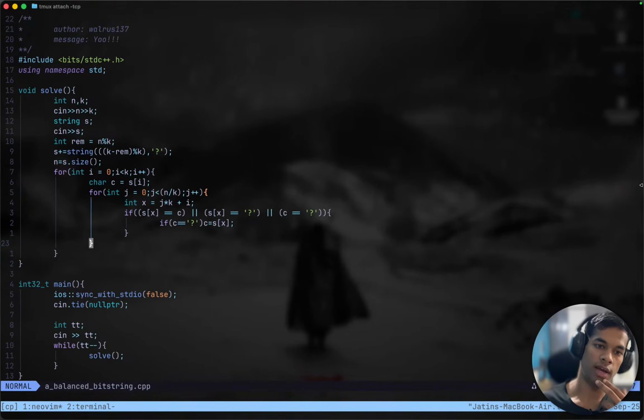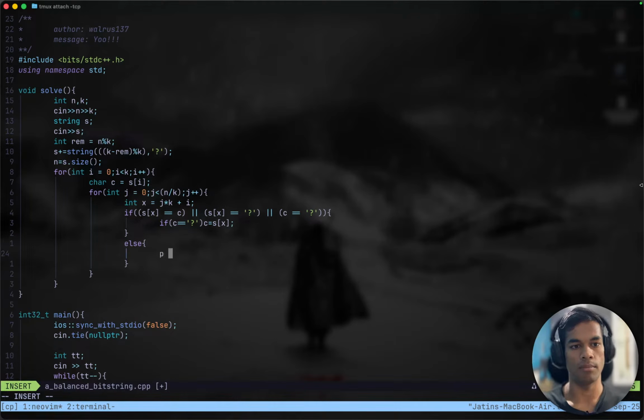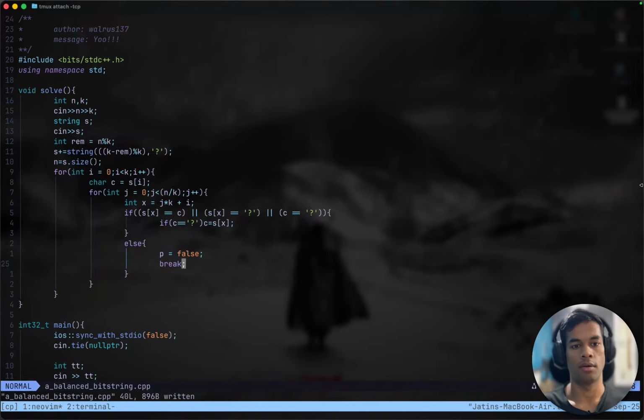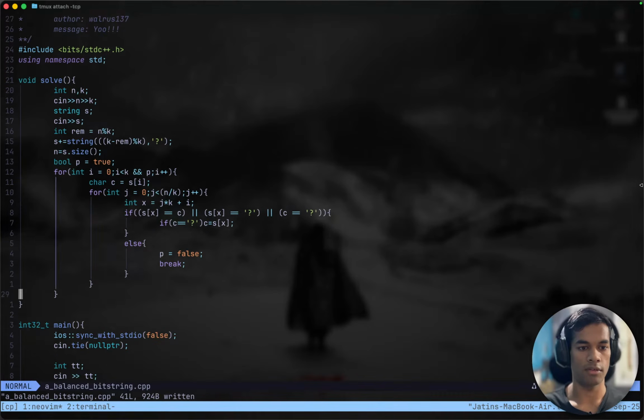I think we don't have to change them. And also, else if that is not true, then p equals false and break. And in every loop, this has to be true and p has to be true. And we will say p initially is actually true. And I think that is cool.